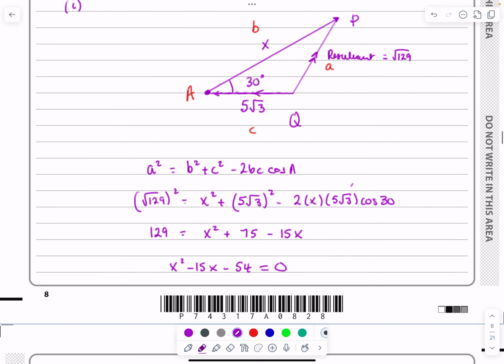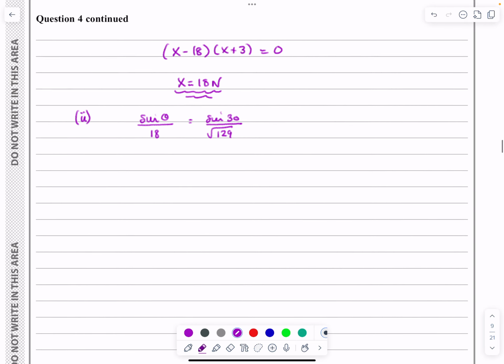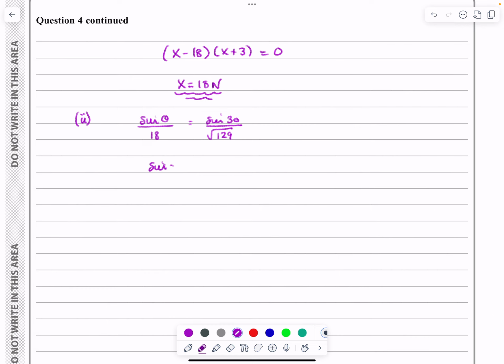Did I call it theta? Let's call it theta in there, sine theta. So sine theta is just going to be equal to 18 sine 30 over root 129. So work that out on your calculator. Sine theta works out to be 0.7924.